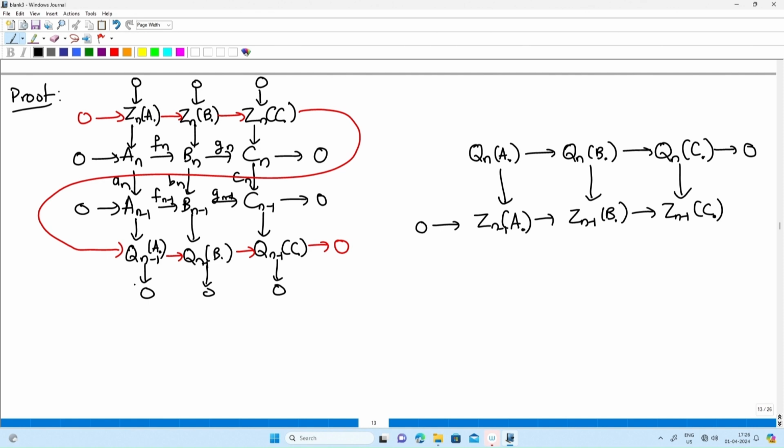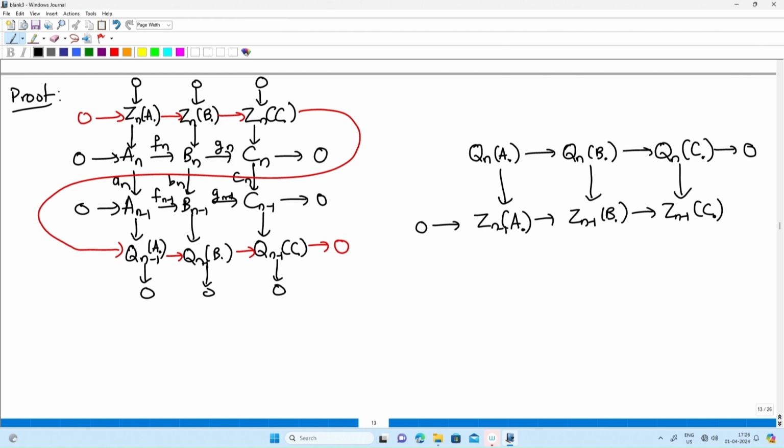The composition of An minus 1 with An is 0. Therefore, there should be a map from An to the kernel of An minus 1, that is, to Zn minus 1 A dot.